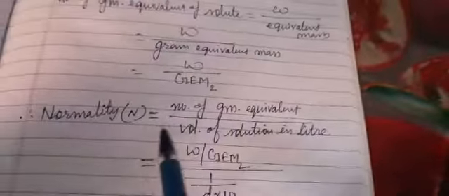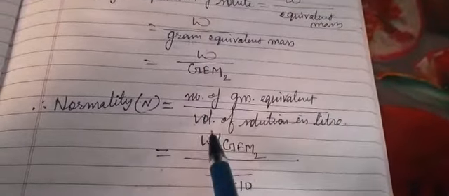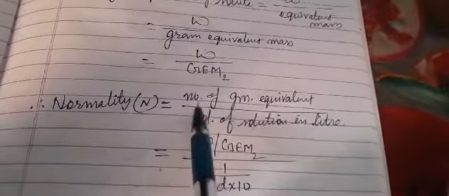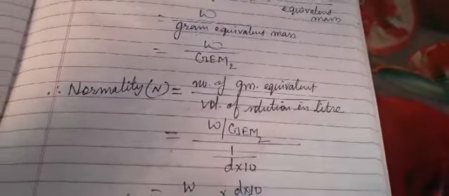First of all, for normality, what is the formula? Normality means the number of gram equivalents per liter of the solution. That means the number of gram equivalents divided by the volume of the solution in liters.